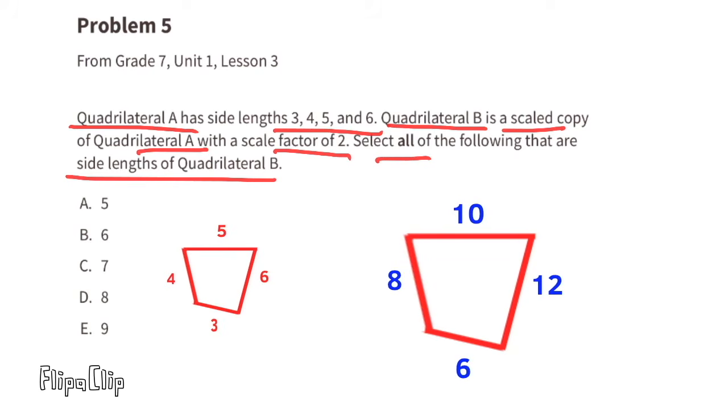Now we can easily see that the side lengths for quadrilateral B will be 6, 8, 10, and 12. So we can choose B, 6, and D, 8. We would not choose 5, 7, or 9 because those aren't side lengths of quadrilateral B.